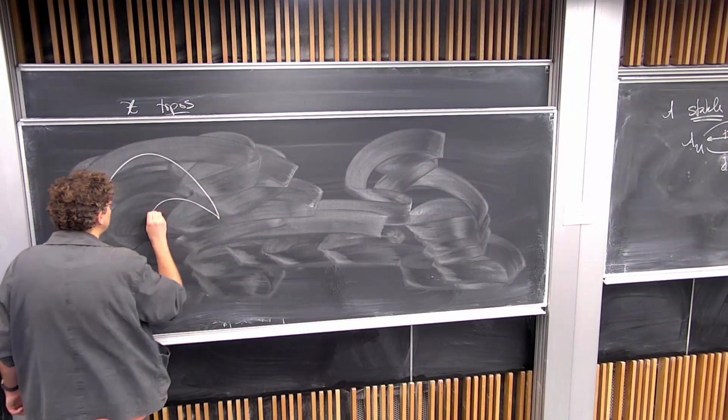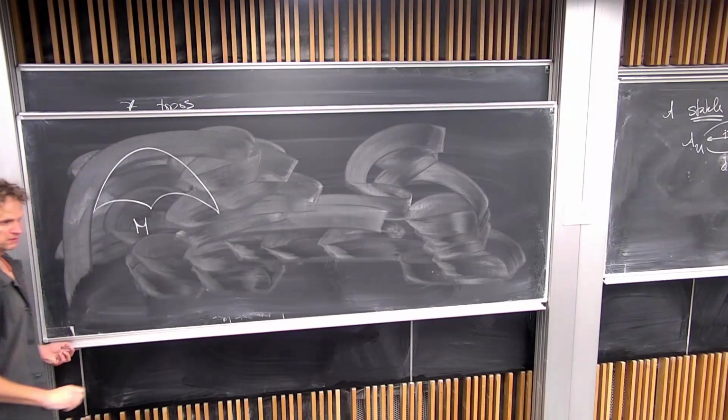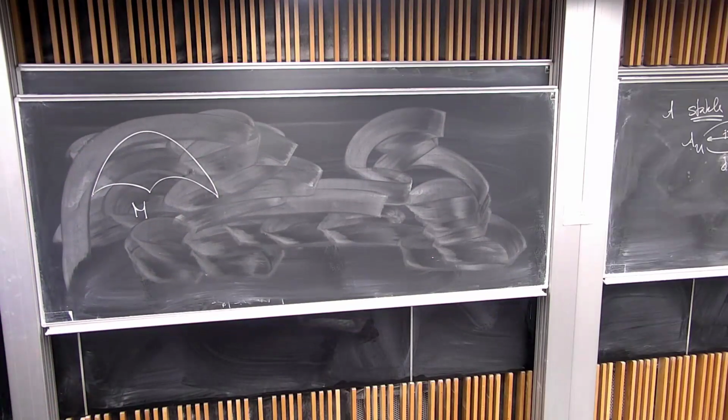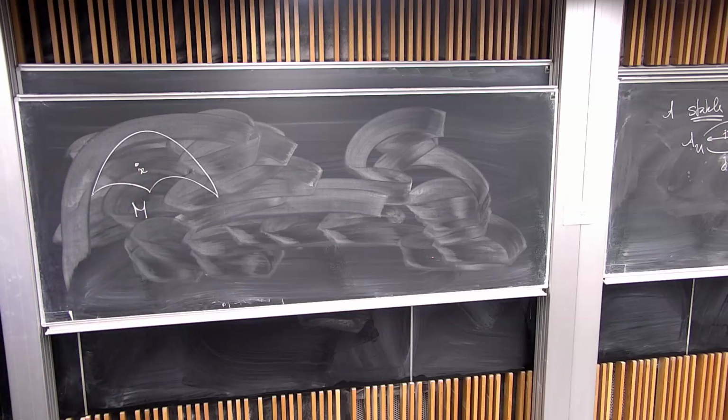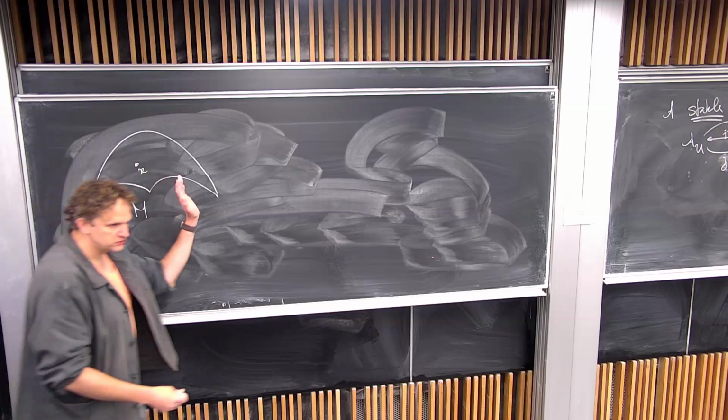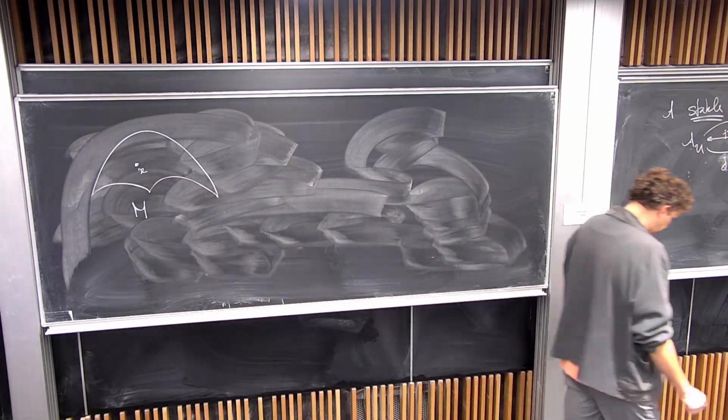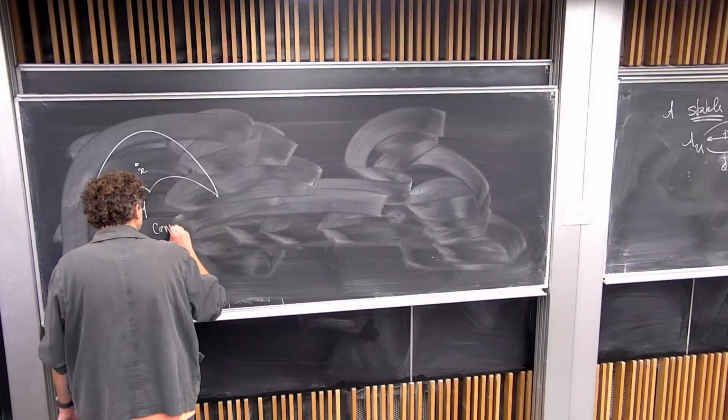Here's a manifold M. And here's a point on that manifold, little x. And I've decided that I'm interested in locally constant sheaves on this manifold. Actually, let's assume this is a connected manifold, just so I can tell a good story here.